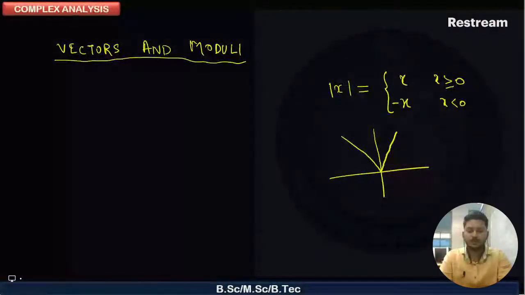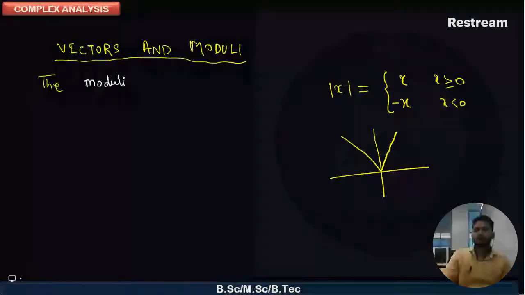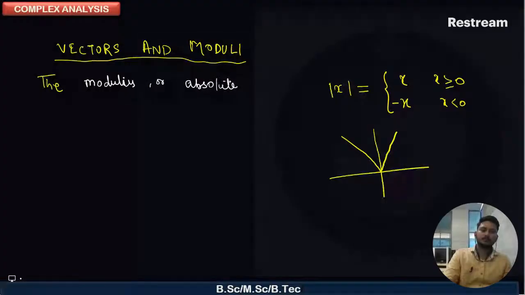So the modulus or absolute value of z equal to x plus iota y is written here: the modulus or absolute value of x plus iota y.